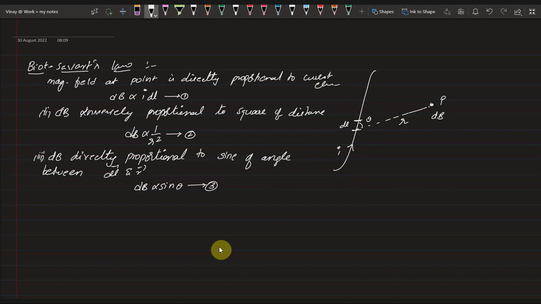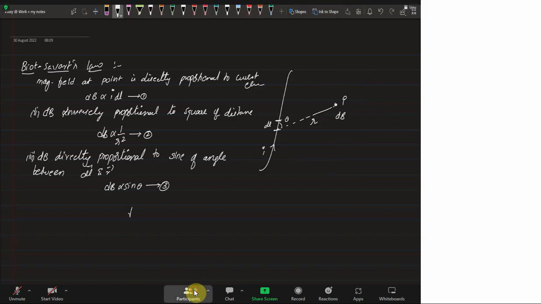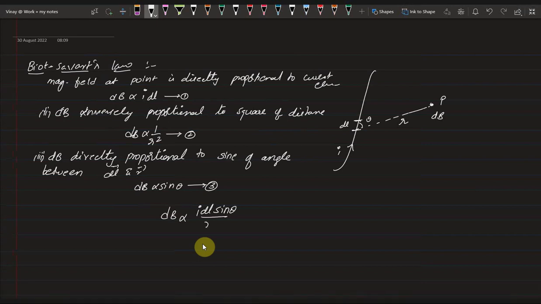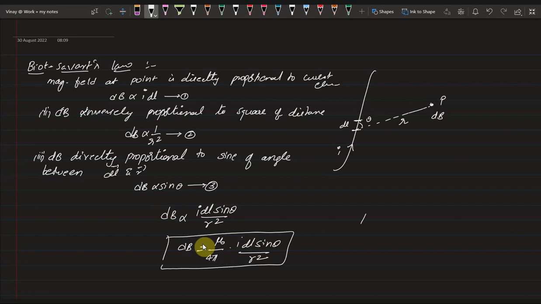From equations number 1, 2, 3, dB is proportional to I dl sine theta divided by r square. Then if you remove the proportionality, you can write down the constant. That constant value is mu naught by 4 pi into I dl sine theta by r square, where mu naught by 4 pi is the constant value, equal to 10 to the power of minus 7.